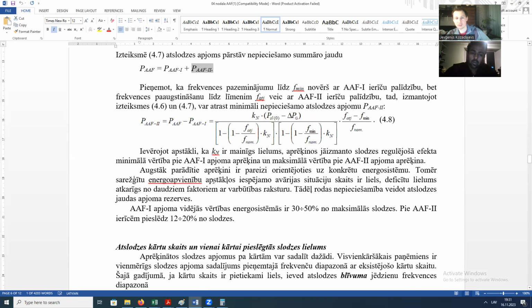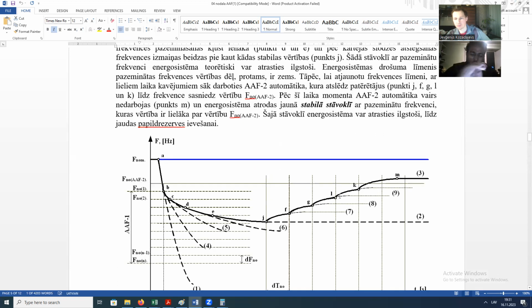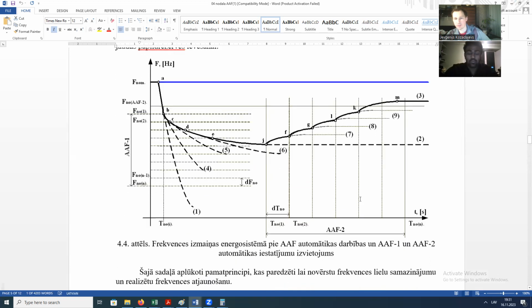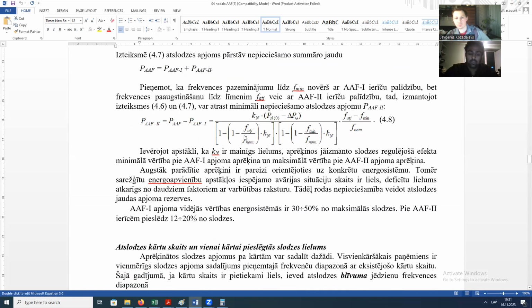Here you can see how much we need to connect for frequency restoring; this is that formula. And to recap, on average we connect to the under frequency automation part 1 about 40 to 50% of all consumers, and to part 2 about 12 to 20% of consumers.